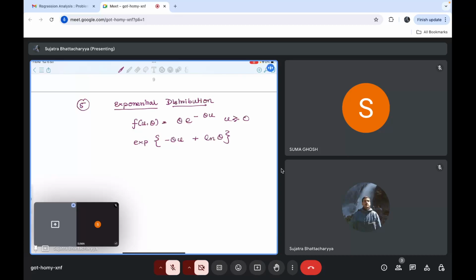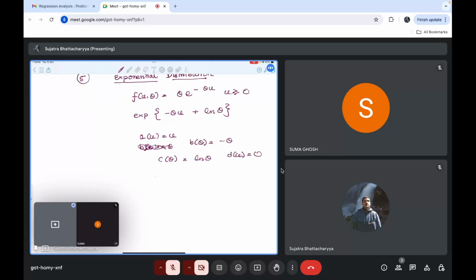That's all. So here a of u is u, b of theta is minus theta, c of theta is log of theta, and d of u is 0. Nothing is there. So it again belongs to the exponential family of distribution.